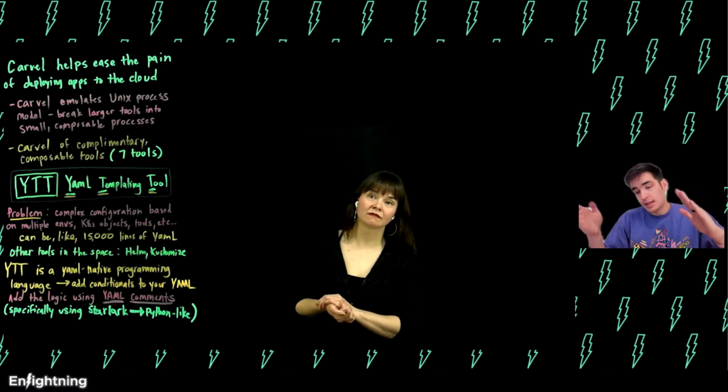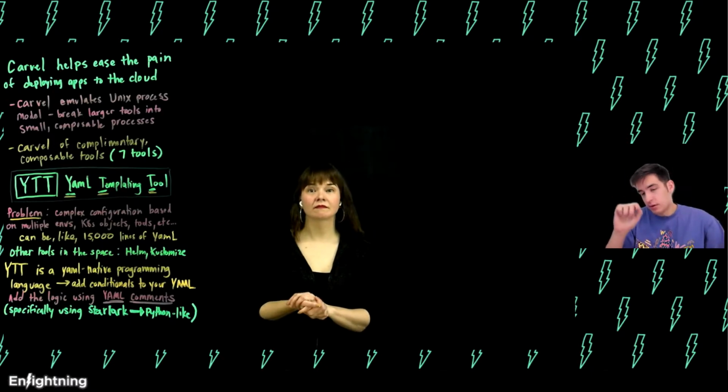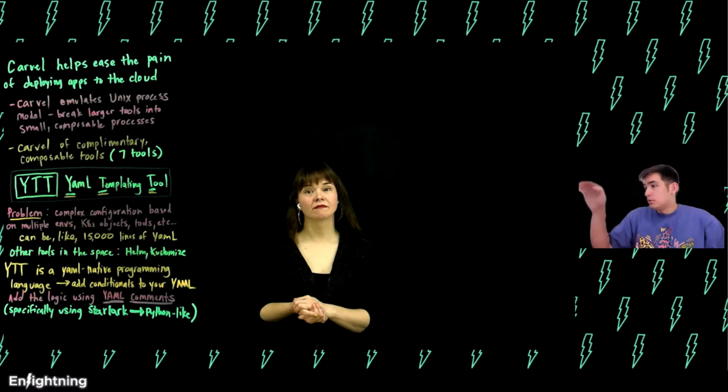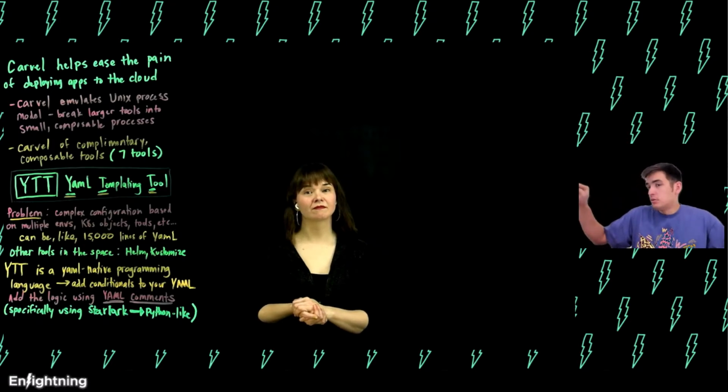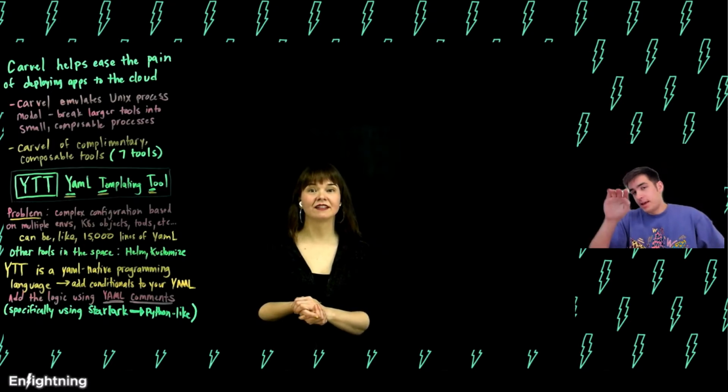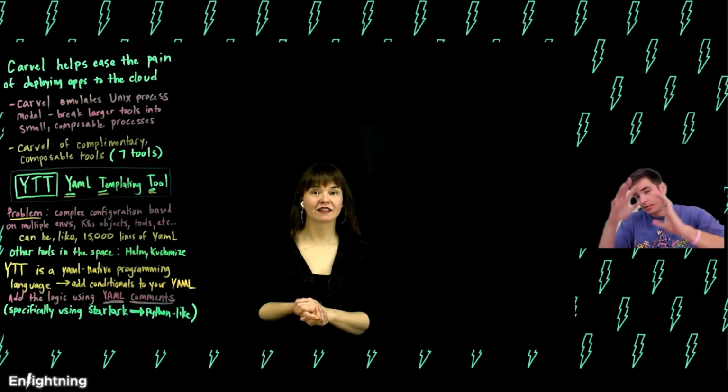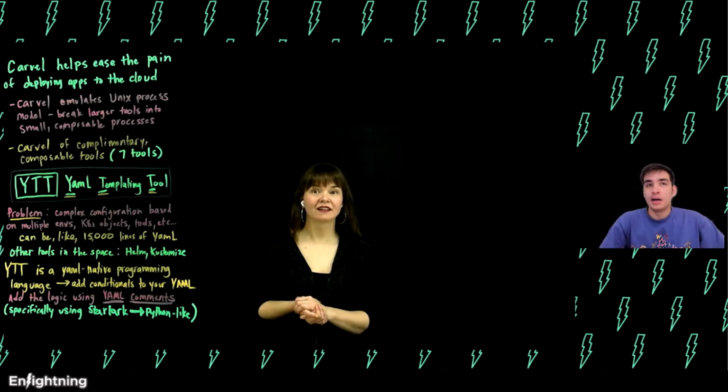Now I can add a comment that says hashtag if data value Google Cloud equals true. And then I could even say if/end, and then after I could comment end. There's multiple ways to do it because it's a program. And then when I actually run YTT on that YAML file, the annotation would disappear until I add a data value that says Google Cloud true.